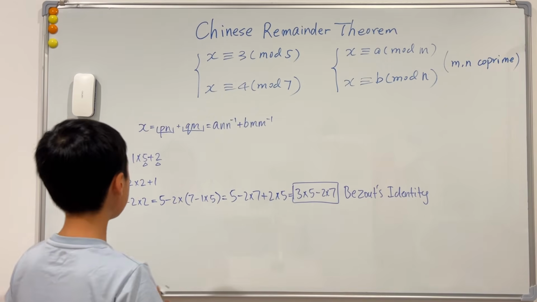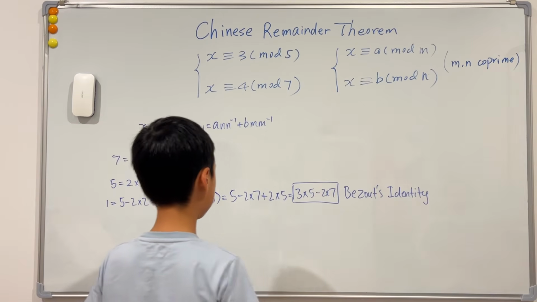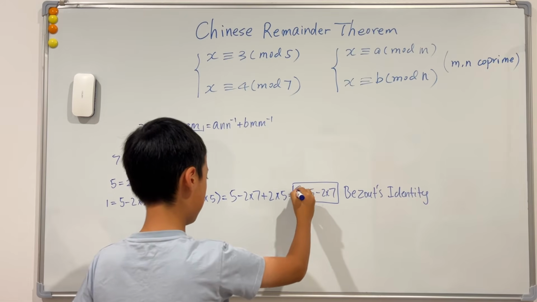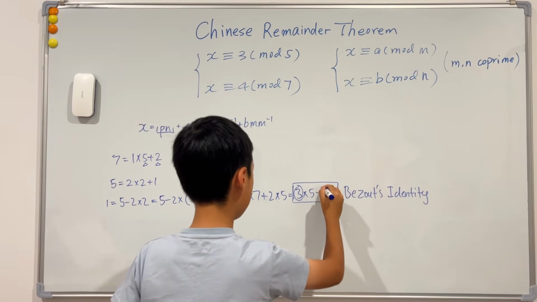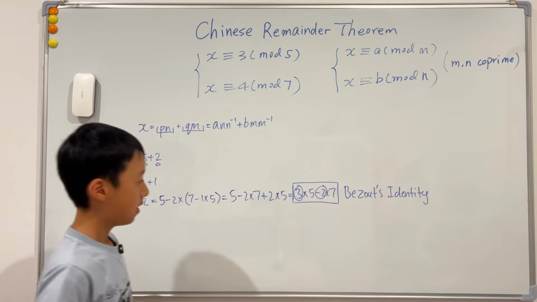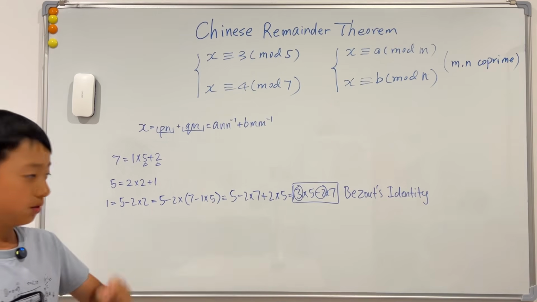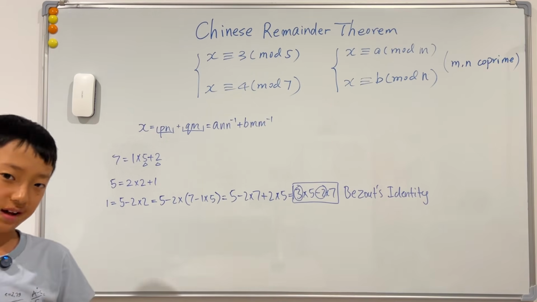So now we can find the inverse of 5 and 7. So the inverse of 5 is 3, and the inverse of 7 is negative 2. And you can also write this negative 2 as 3 because we are in the realm of mod 5.